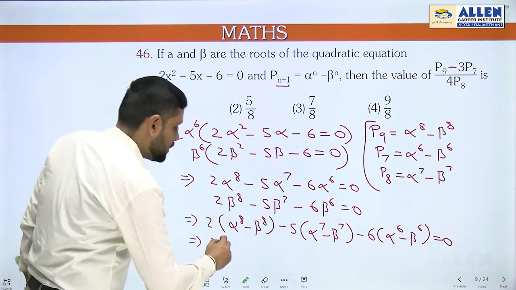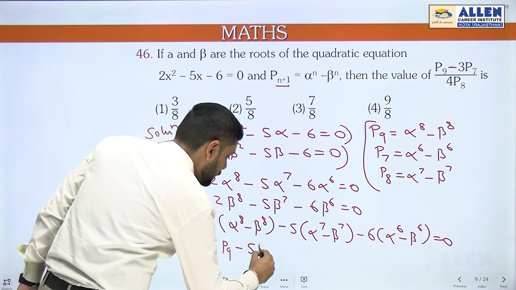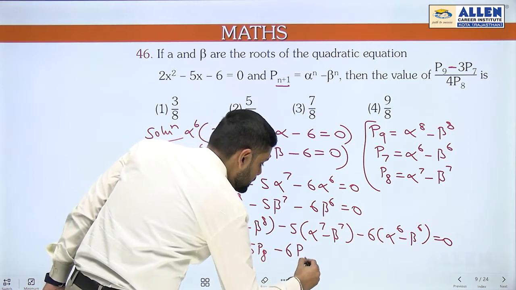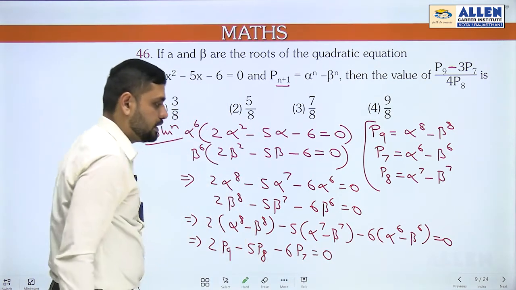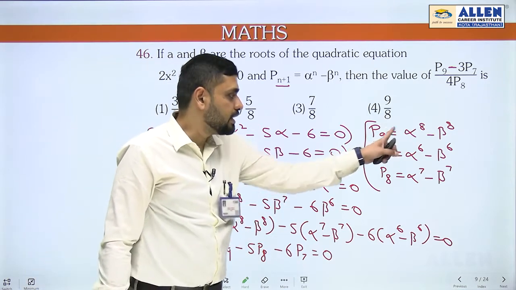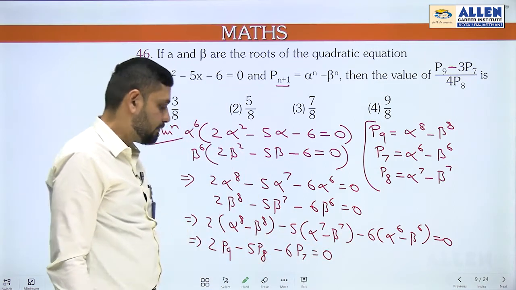So we can write it as 2P9 minus 5P8 minus 6P7 equals 0. In place of alpha to the power 8 minus beta to the power 8 we have written P9, here P8, and here P7.